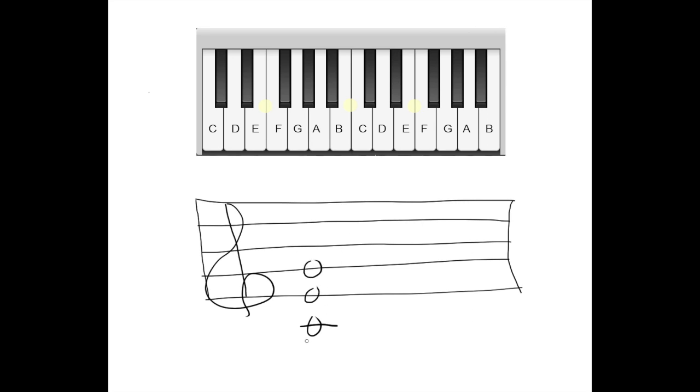Notice that the root of the chord is C. And it's not the only way to look at it. That's the first position. What if you do this? Is this a C chord or is this an E chord of some sort? Well, most of the time it's a C chord.